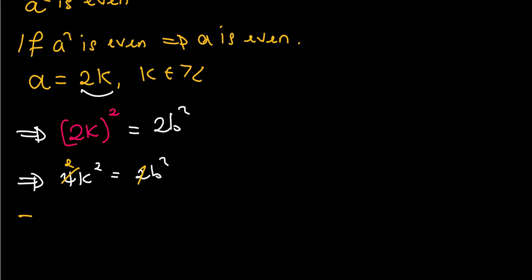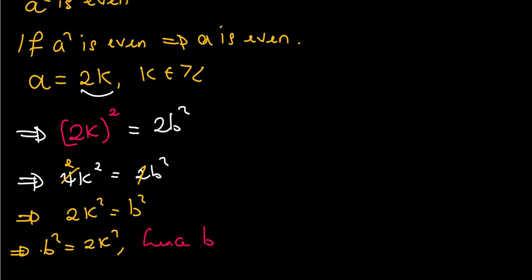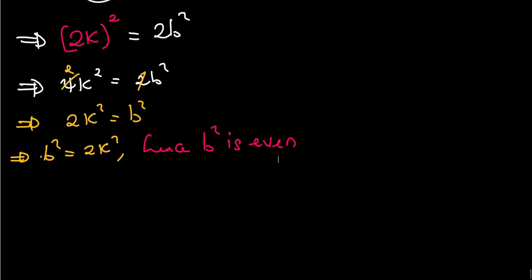From there we get 2k squared is equal to b squared. In other words, b squared is equal to 2k squared. So we see that b squared is even, and since b squared is even, it also means that b is even.